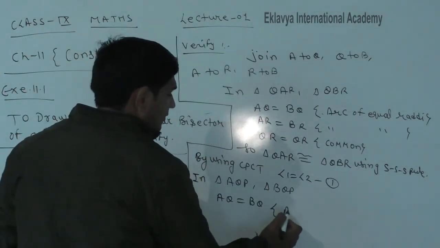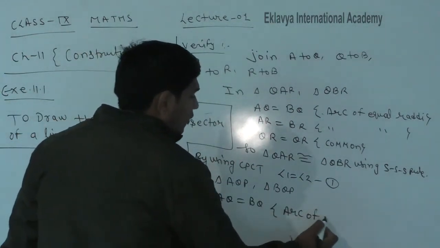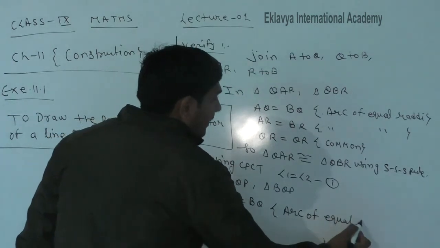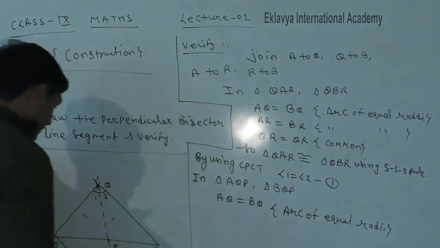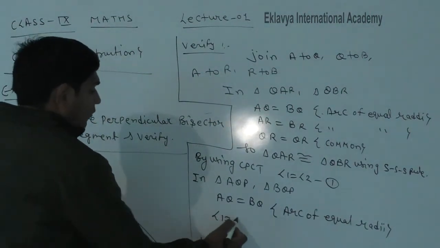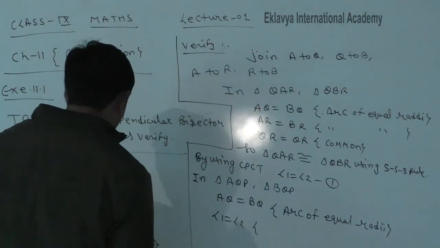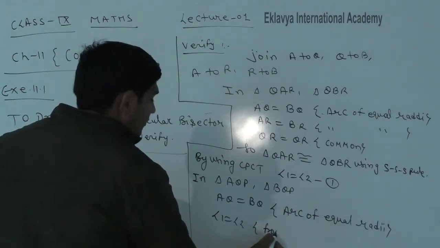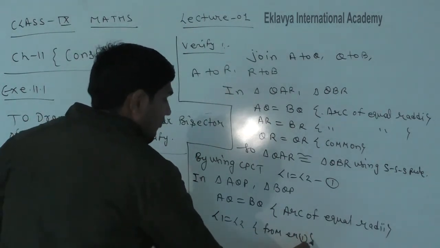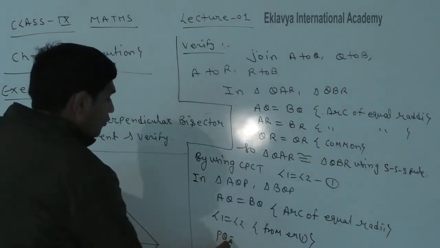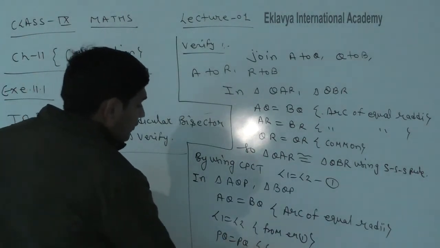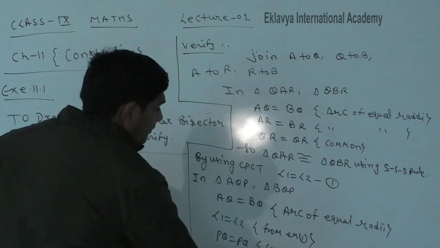The reason is arcs of equal radii. Second, angle 1 is equal to angle 2. The reason is from equation number first. And third, PQ is equal to PQ, which is common.